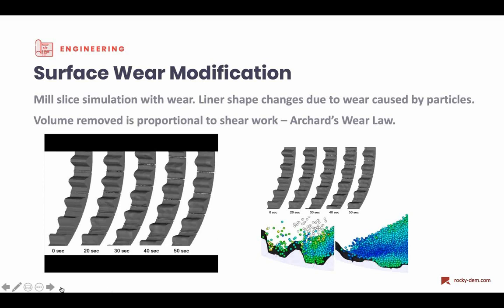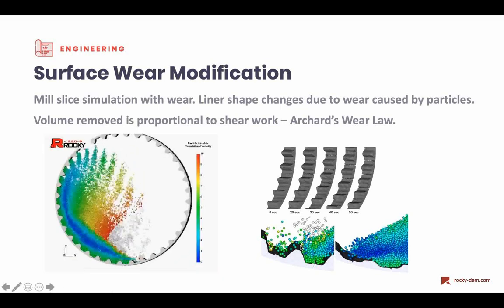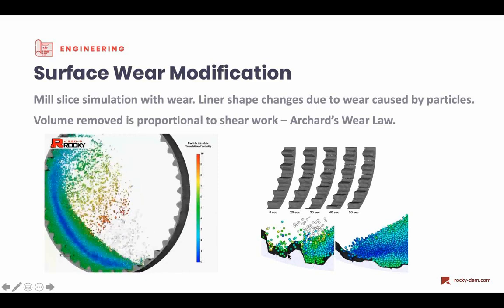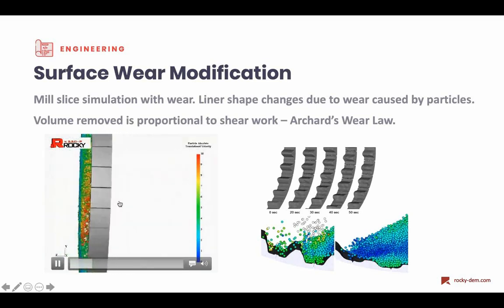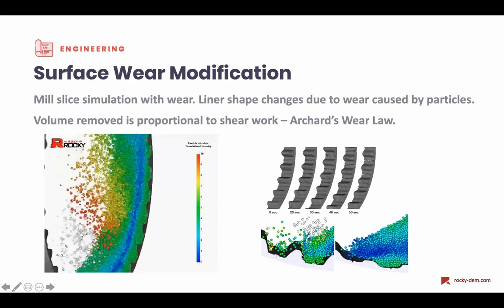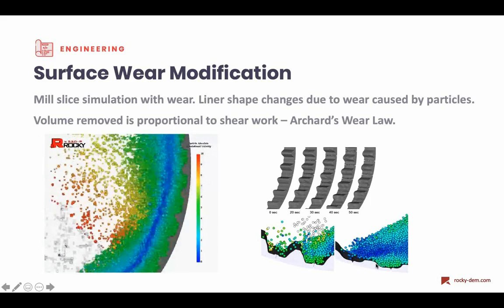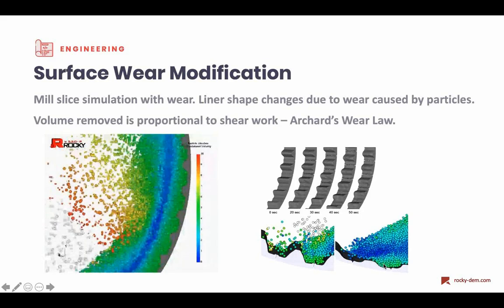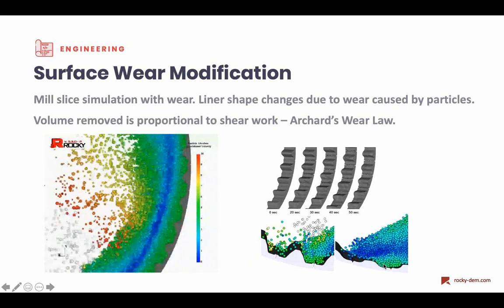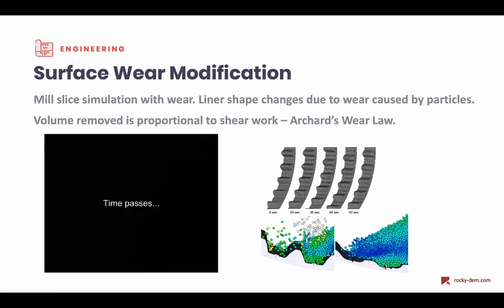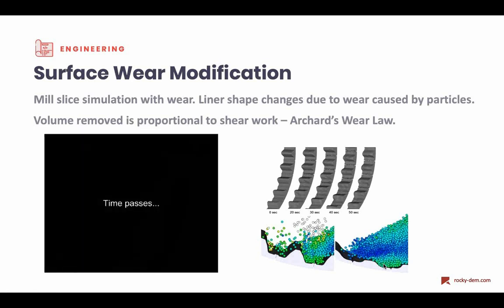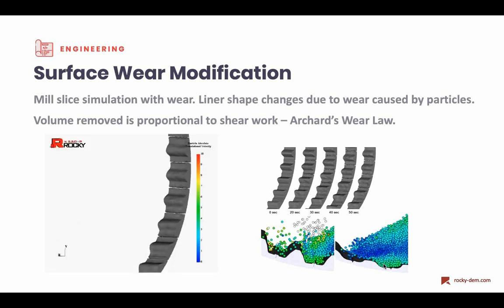So here on the right side, you can see the initial shape of what we call a lifter within this ball mill. It starts with this, but it ends the simulation with a very smoothed surface. And of course, we need to input some parameters, but the final surface representation is an output of the code.